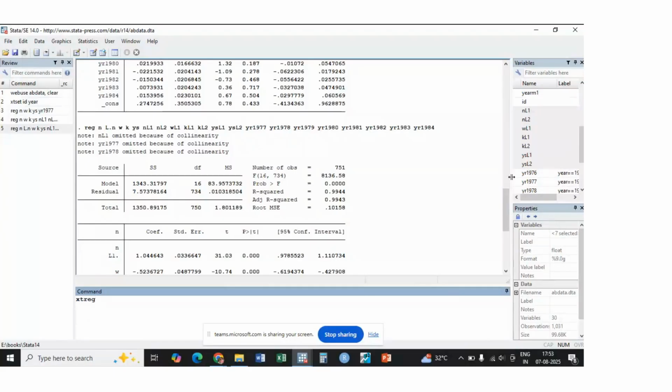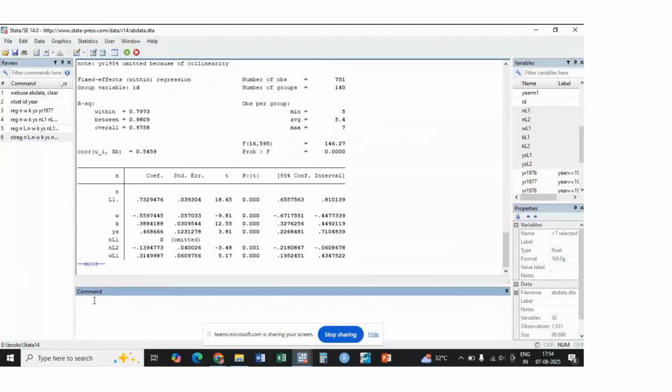I'm just going to use the same variables that I used. XT-reg, and then I'm going to use FE. What do you observe when you do the FE?